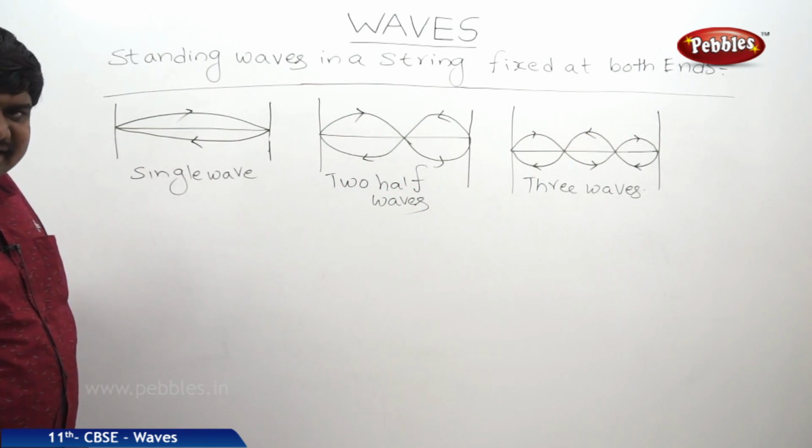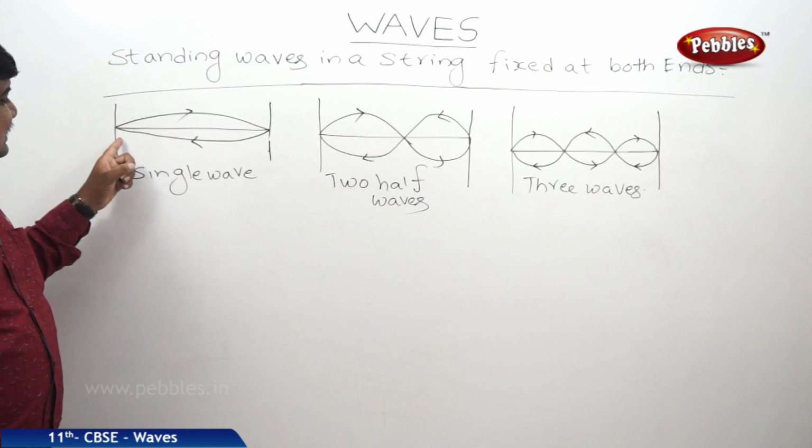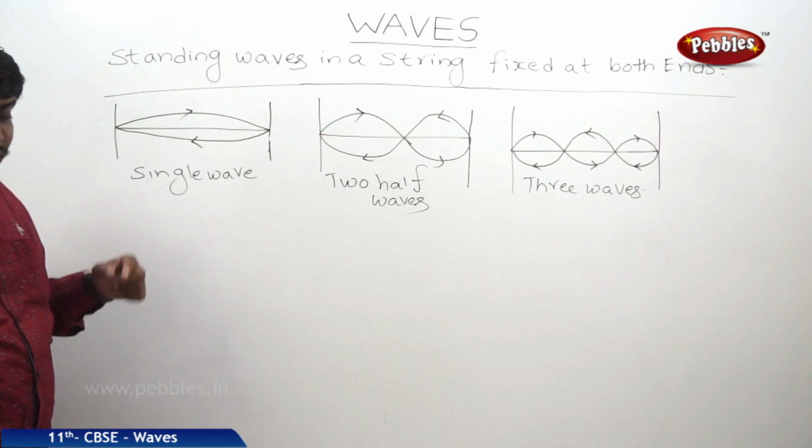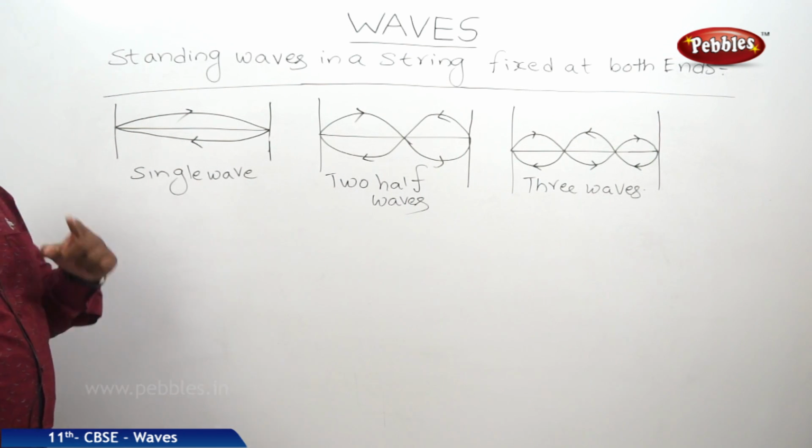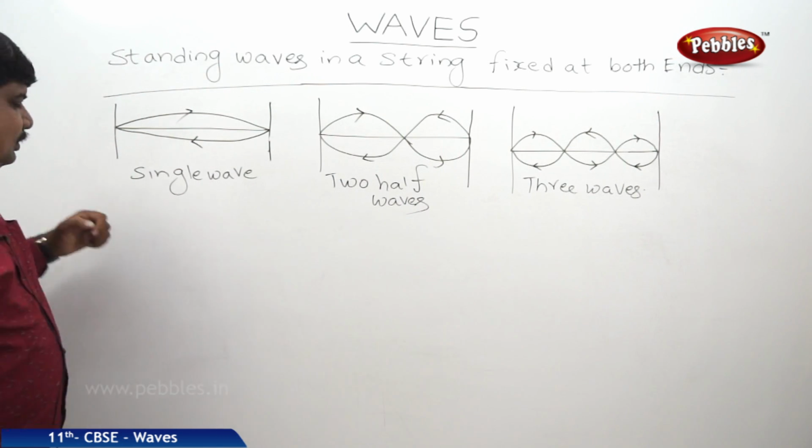Whenever these are the cases, you will know that the distance between two successive ends, two successive crests or troughs, or two successive antinodes and nodes is lambda by 2.